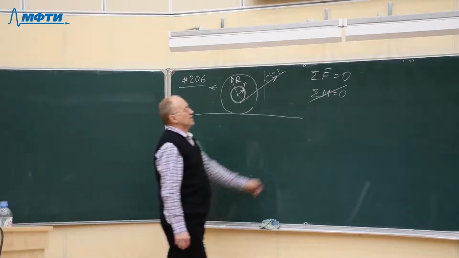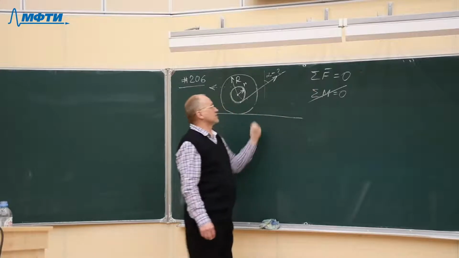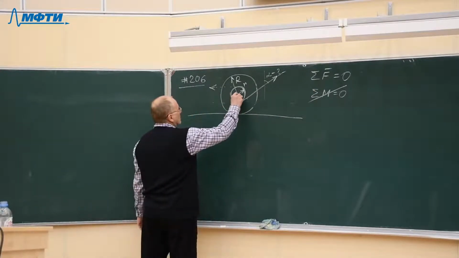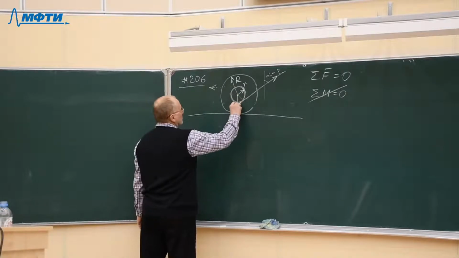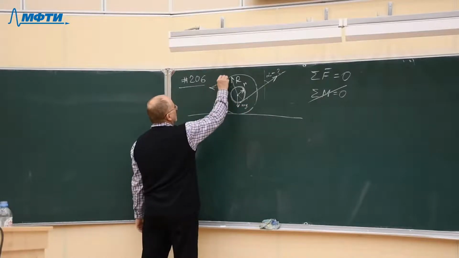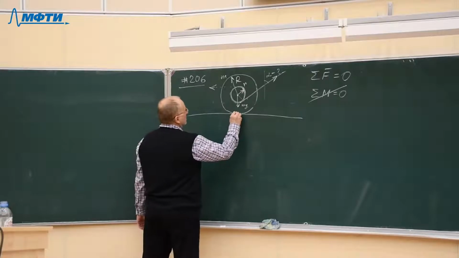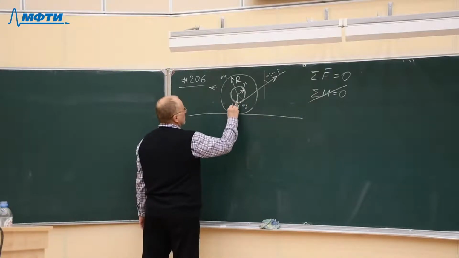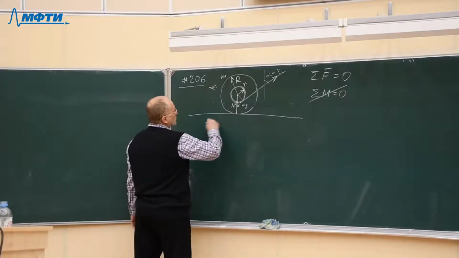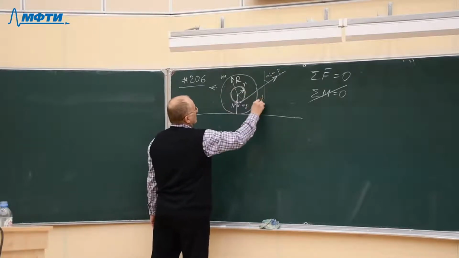Okay, in order to use this condition, we have to indicate all the forces acting on the object. All the forces. There is the force of gravitational pull, mg, if the total mass is m, and there is the force of normal reaction of the surface, and the force of friction if the spool rotates in this direction.